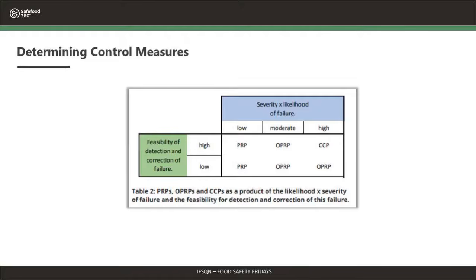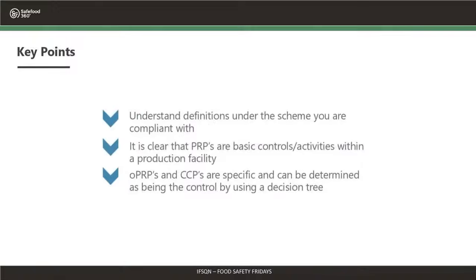So hopefully I've given you some clarity around these different terms. Maybe just some key points to sum up. Understand the definitions of the control measure categories under the scheme you are compliant with.